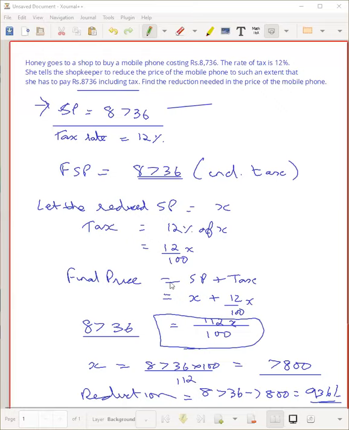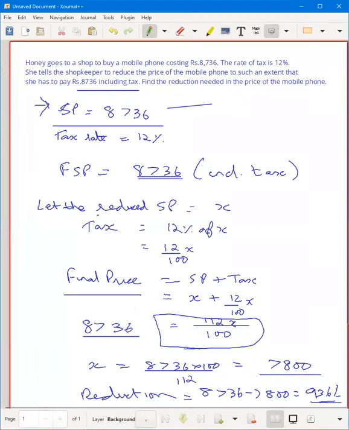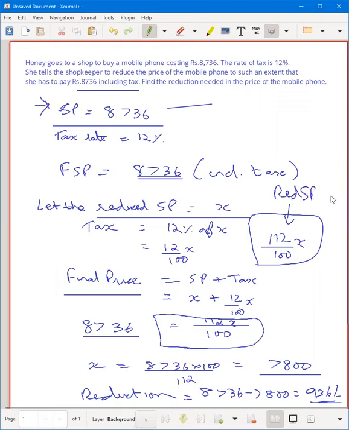Then 8,736 is equal to. I did not understand this part. Okay, so this final price, if you assume that the reduced selling price is X, including tax, it becomes 112 by 100 X. Is this clear? How we got this? This is the reduced selling price plus tax of 12%, isn't it?